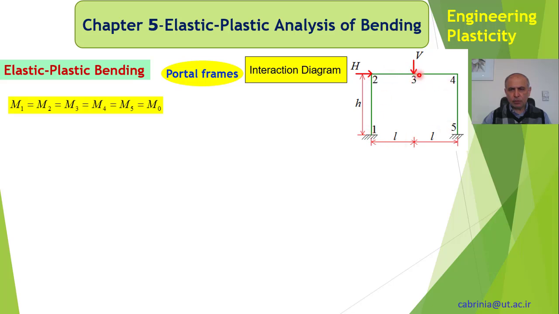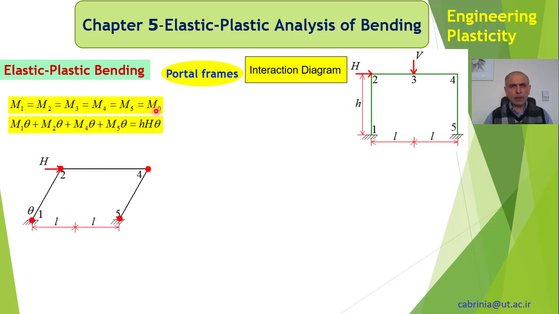Joint 1, joint 2, that is where the vertical force is acting, that's where the horizontal force is acting, and joint 4 and 5. And this distance is 2L, as this distance is H. And we are saying that M0 is the maximum plastic bending moment which can be applied at these joints. That's the fully plastic moment.